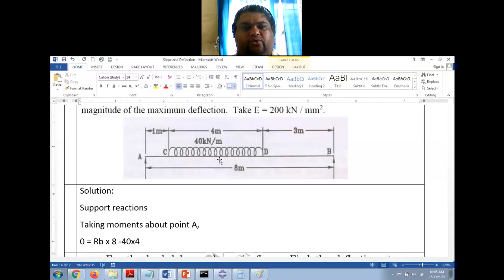This is the total load due to UDL, acting at the midpoint of C and D. So 4 by 2 is 2 meters plus 1, that is 3. So 40 into 4 into 3.